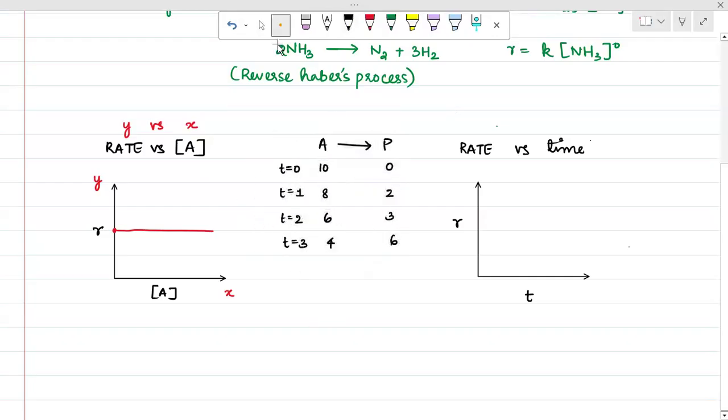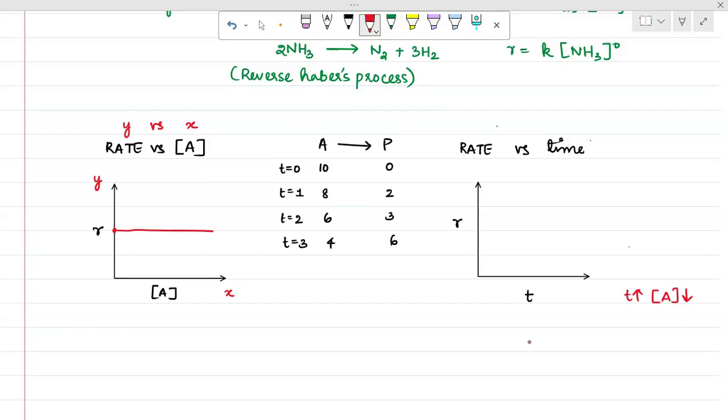Now we can see that as time passes, the concentration of the reactant is decreasing. Correct? As your time increases, your concentration of the reactant A decreases. And this is the case for all reactions, whether it is zero order, first order, whatever it is, because as time proceeds, your reactants react to form products and the concentration of the reactant will decrease. But even if the concentration of the reactant decreases, will it affect the rate of the reaction?